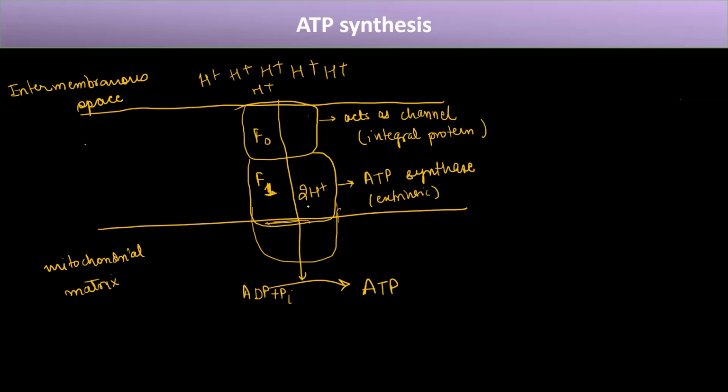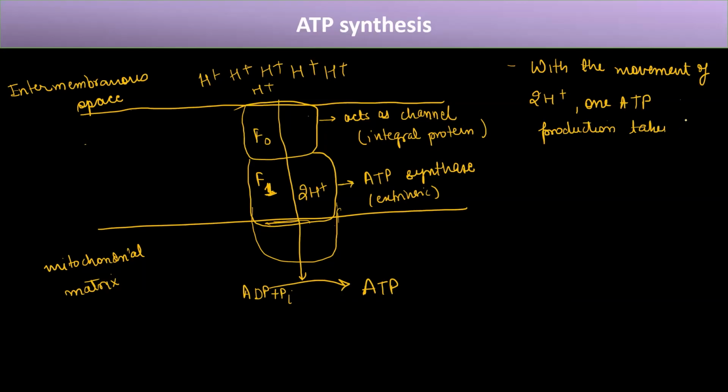As we can see, with the movement of two hydrogen ions, one ATP production takes place. So we can write: with the movement of two hydrogen ions, one ATP production takes place.